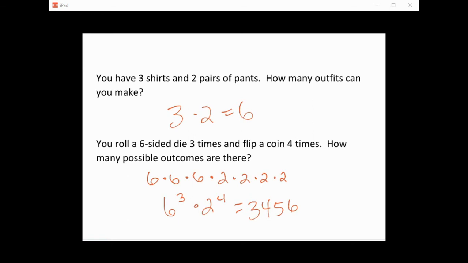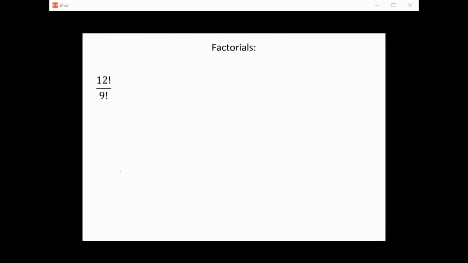But anyway, okay. Then as a reminder with factorials, it's where you start at a number and you're going to multiply each consecutive whole number down till you get to 1. But if you have ones like in a fraction, you can cancel them out just by expanding it out until you get to the smaller one.